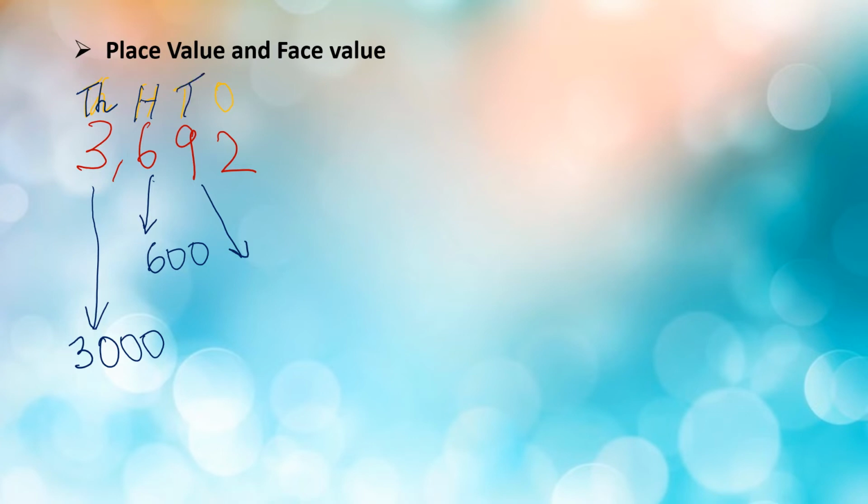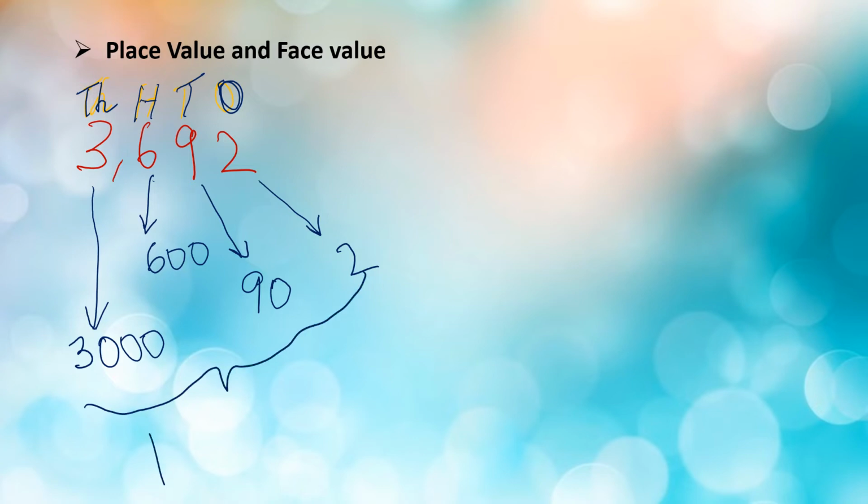The place value of the digit 9 is, can you all try? Yes, it is 90. Now, the last digit in this numeral is 2. What is the place value of the digit 2? It is 2 itself because it is in the ones place. So, these are all the place values of these digits.